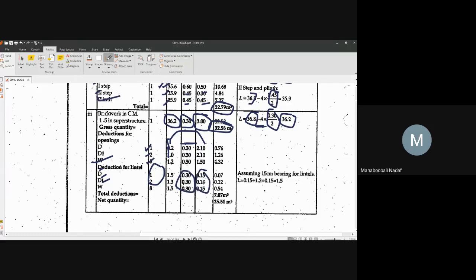So you are going to deduct them. Total deduction is minus 7 and total quantity is 32.58. So you are going to get 25.51. Yes or no, everyone? Yes, sir.